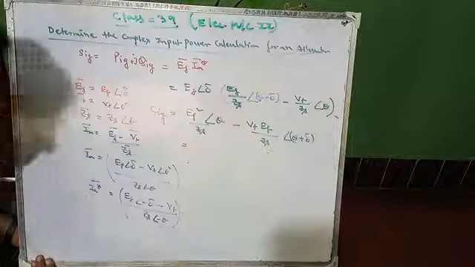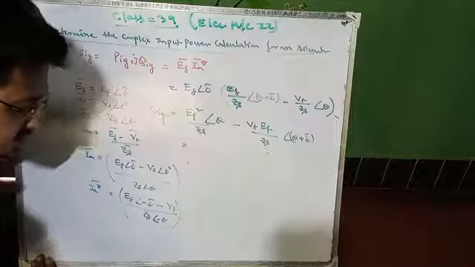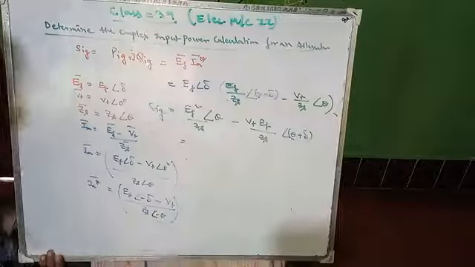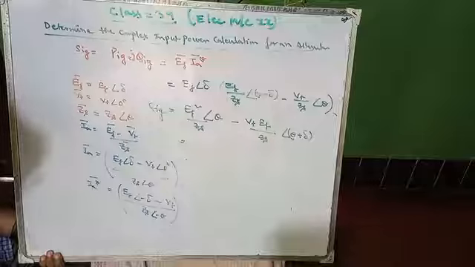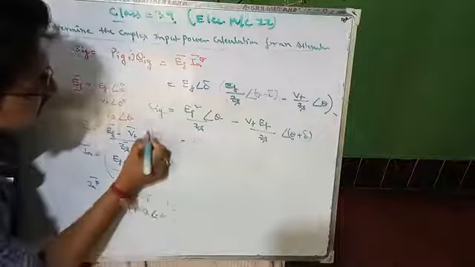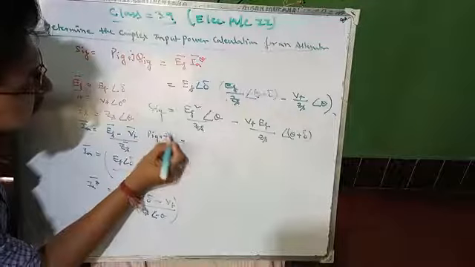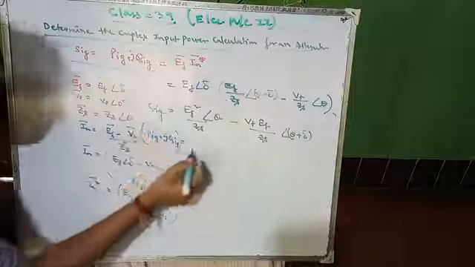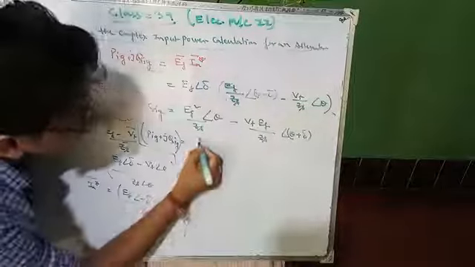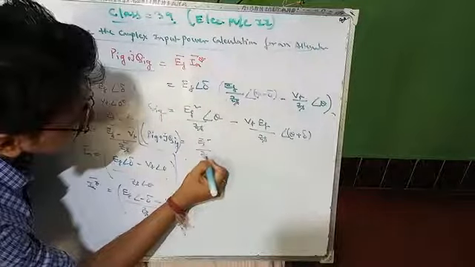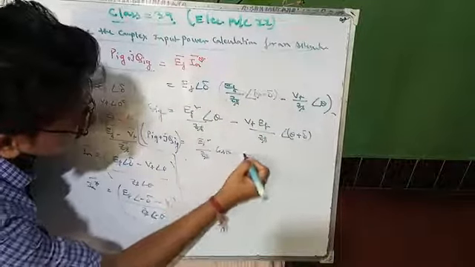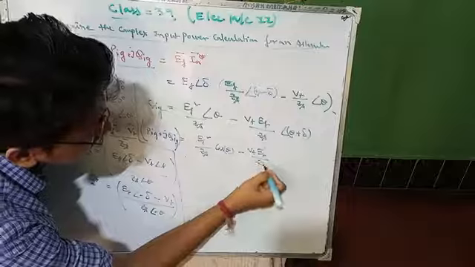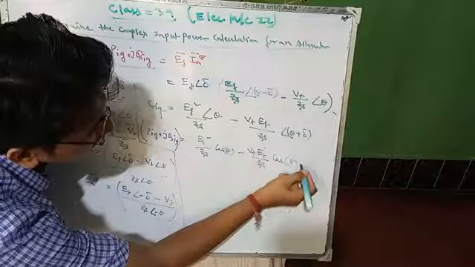This SIG can be resolved into two sections, that is cos theta and sin theta, right? I am writing it as PIG plus jQIG. As we know, SIG equals PIG plus jQIG, which equals EF square by ZS cos theta minus VT EF by ZS cos of theta plus del.